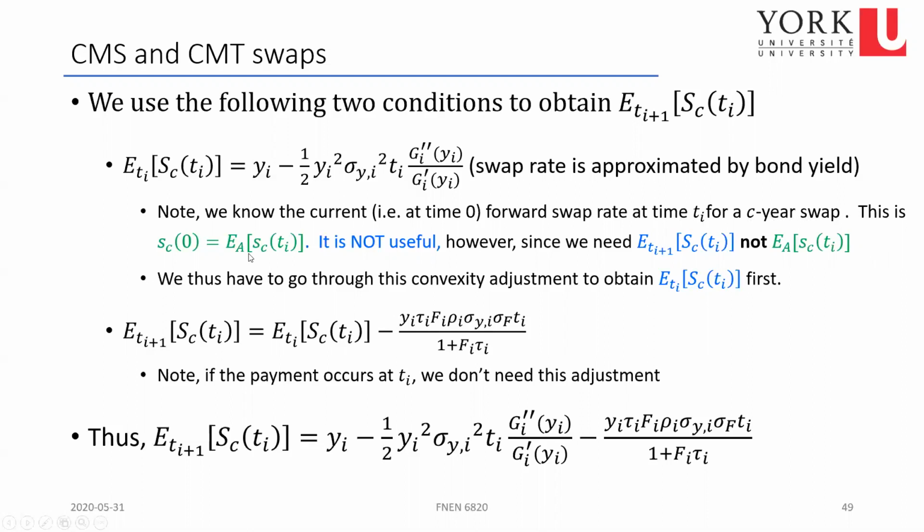If you have reviewed the earlier lectures, you will see that the forward swap rate is actually this, where it's an expectation under a numeraire that is actually an annuity. Here we need an expectation with a zero coupon bond that matures at Ti as a numeraire.